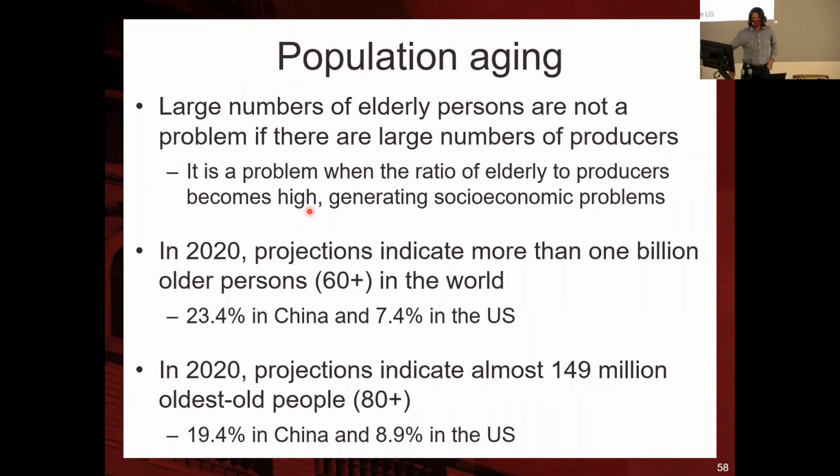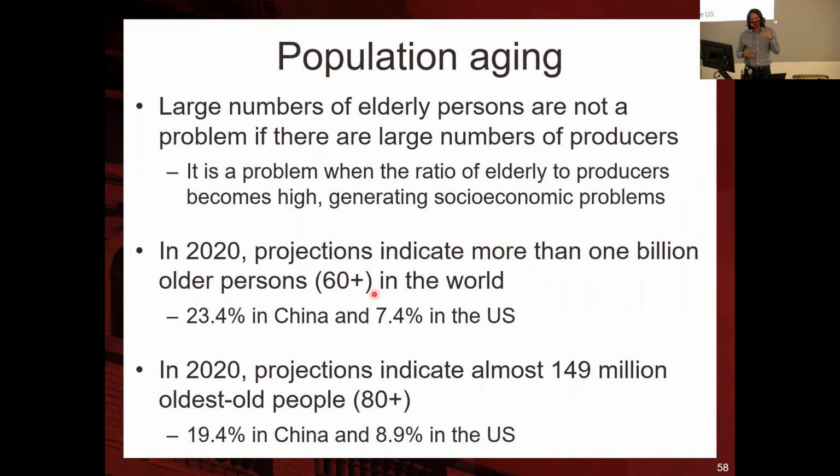And these next two bullets here are pretty much summarizing the results of the table in the next slide that I got from the textbook. In 2020, projections indicate we're going to have more than 1 billion older people in the world. So right now, we have around 1 billion people with at least 60 years of age.